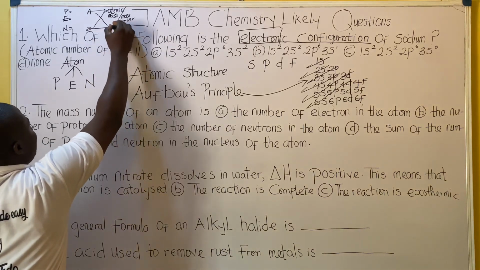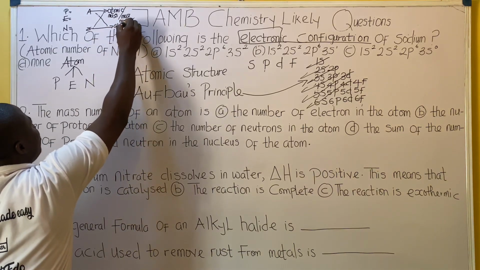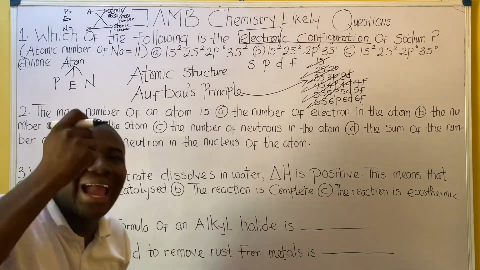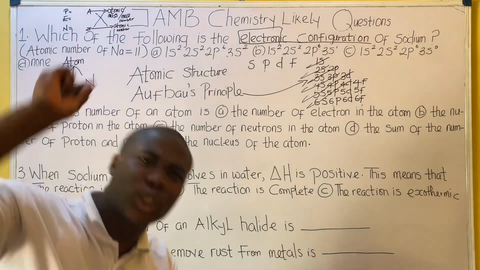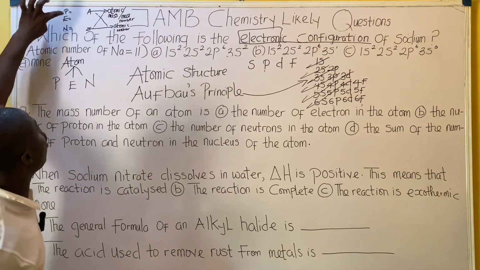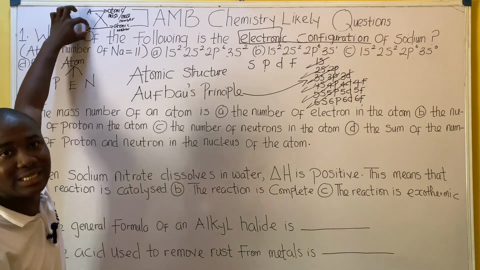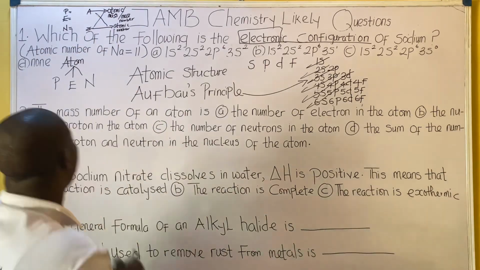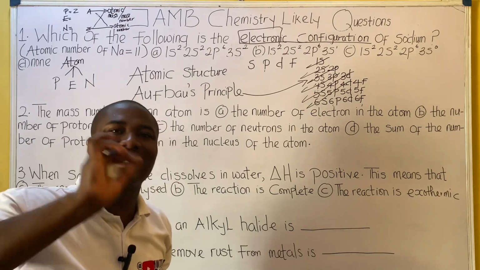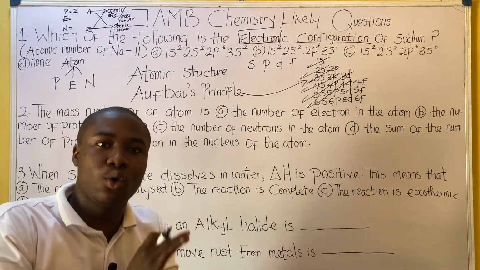Z is simply called atomic number. And if I don't call it atomic number, I can simply call it proton number. So this tells us that my proton number is always what is down. My proton number is always Z. So if we were to determine the proton number in an atom, it is going to be Z.